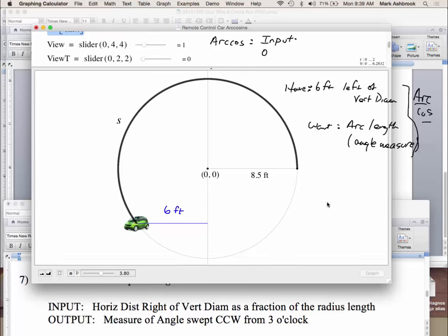Okay, arc cosine of what? Arc cosine of what? What's going to go into arc cosine in this situation?